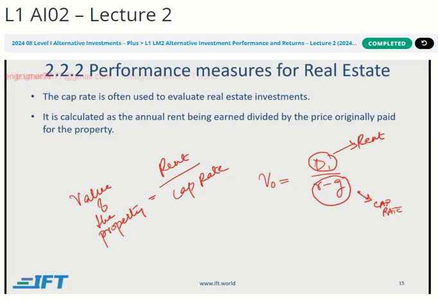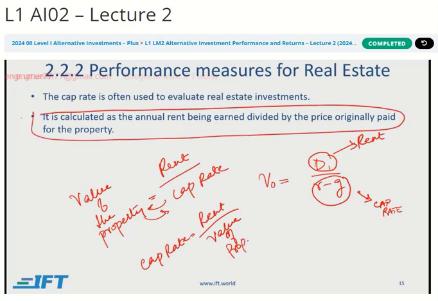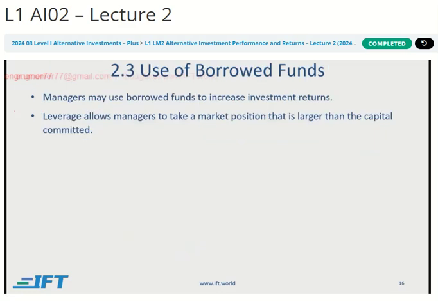And you can calculate the cap rate by making it the subject of the equation and bringing the value of the property down here, right? So I'm just bringing this here and bringing that there. And that's what's said over here, that the cap rate can be calculated by taking the rent and dividing it by the price originally paid for the property. So that's what's going on.